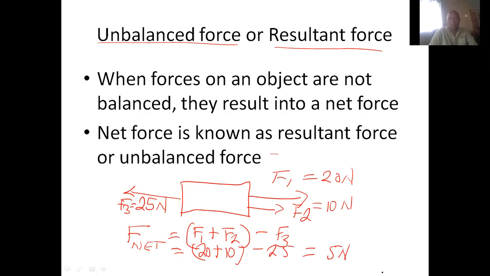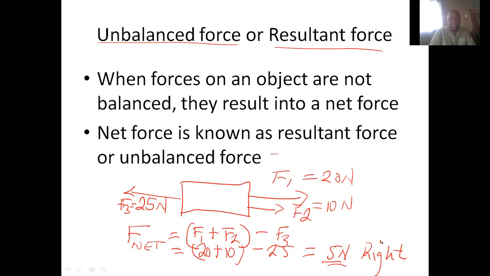So the net force would be 5 newtons to the right. And so we are saying when forces on an object are not balanced, as we see here, they result in a net force.